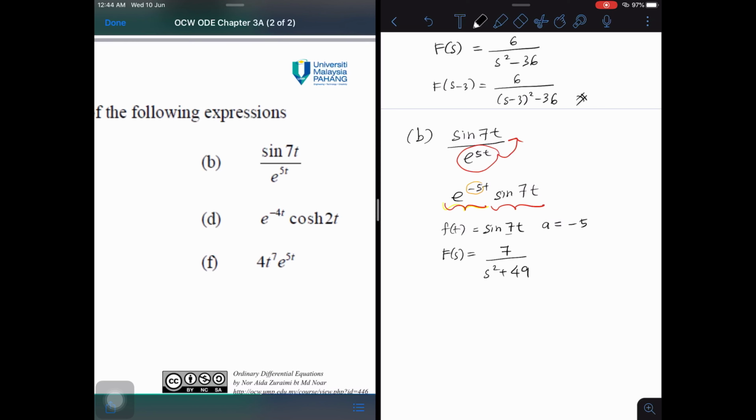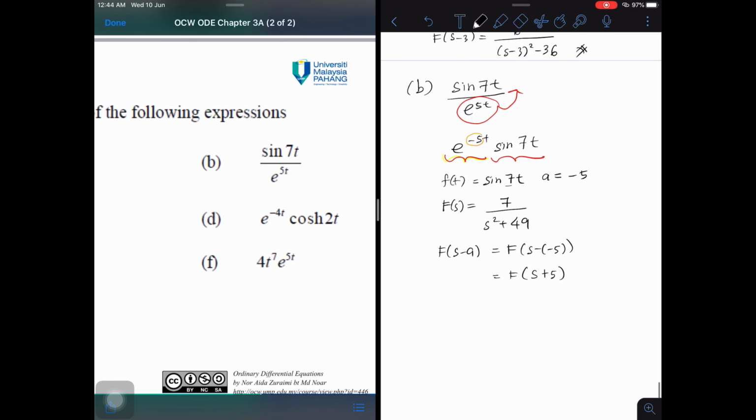Now, by using the first shift theorem, you need to find f(s minus a), and your value of a is equal to negative 5. Therefore, you need to find the value of f(s minus negative 5), which is f(s+5). How to find f(s+5) is very easy.